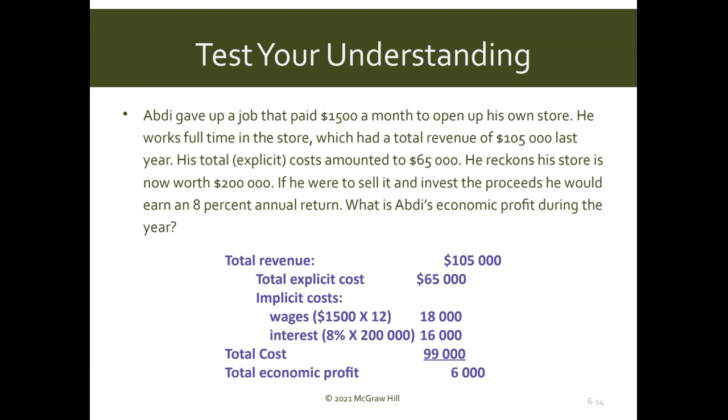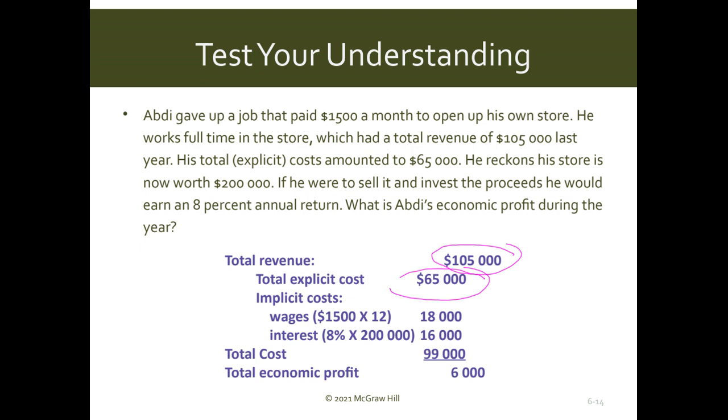Accounting profit is simply total revenue minus explicit cost. That's all. So your accounting profit would be $40,000, because $105,000 minus $65,000. So $40,000. And your economic profit is $6,000.